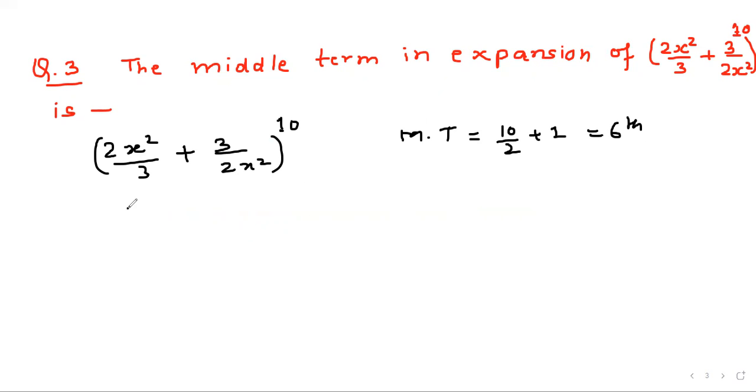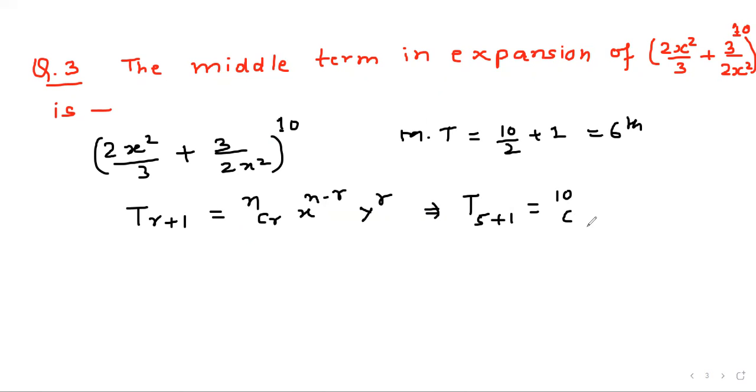So we find it by applying the formula of the general term. The general term T(r plus 1) equals nCr x power n minus r y power r, that is T(5 plus 1) equals 10C5, then the first term (2x squared by 3) whole power 5, n minus r means 10 minus 5, times y power r, that is (3 upon 2x squared) whole power 5.